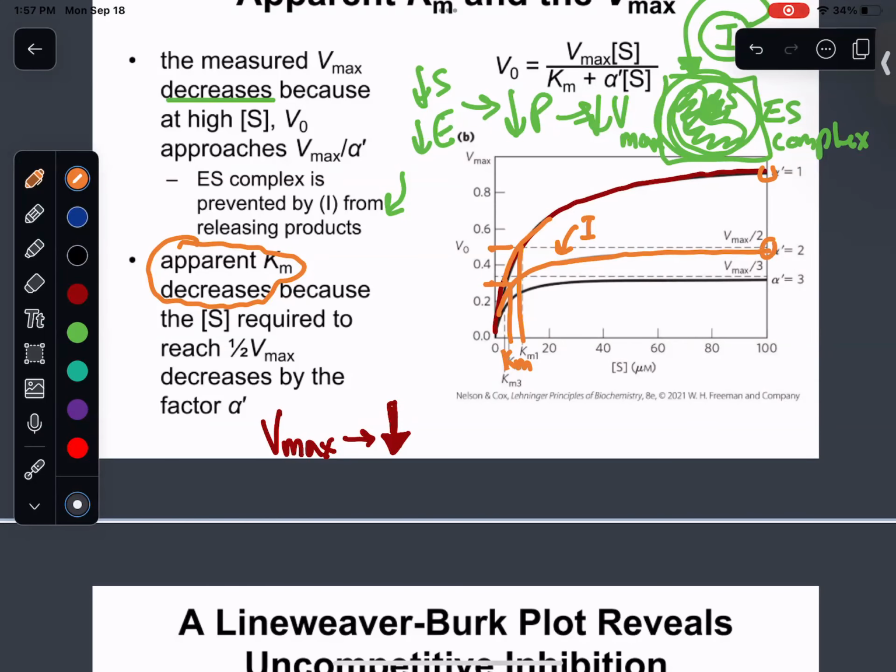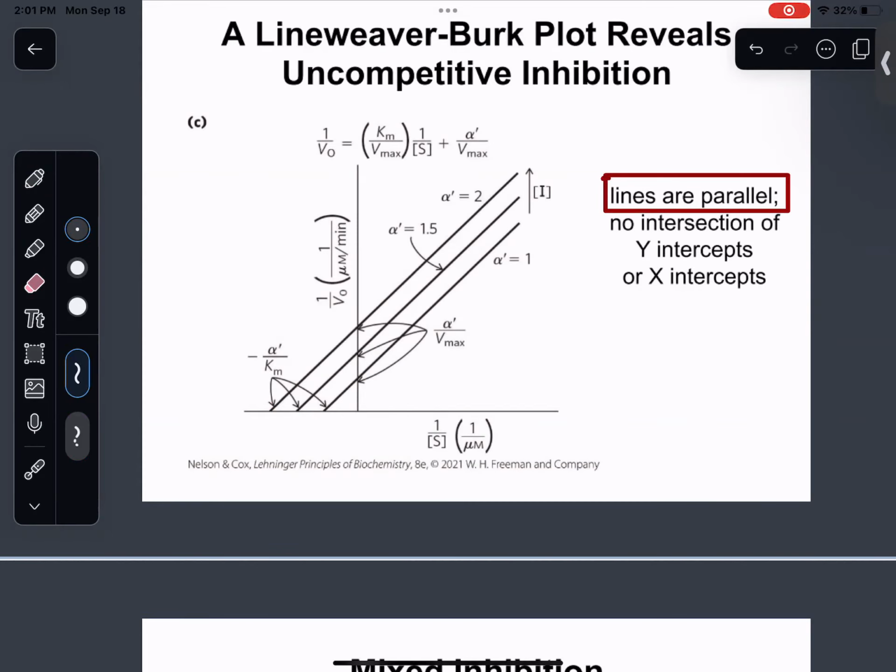The lines are parallel. I don't have to break down what's here and there. If I see this, we're talking uncompetitive inhibitors on the Lineweaver-Burk plot, and the lines are parallel. More importantly, there's no intersection.